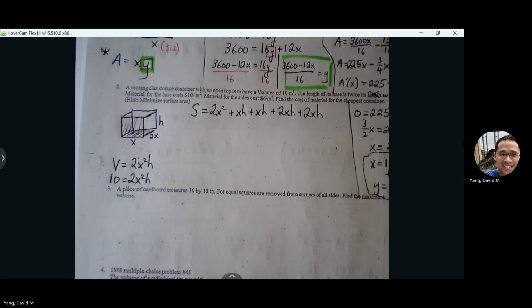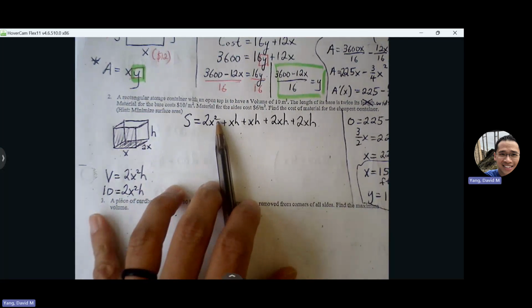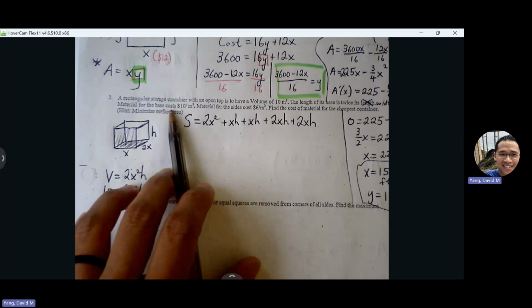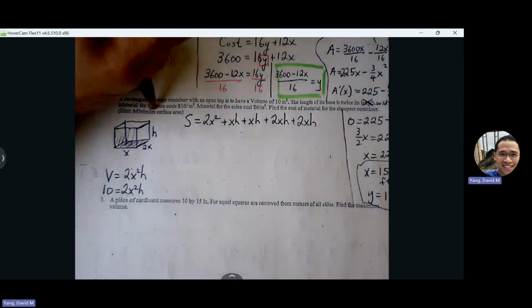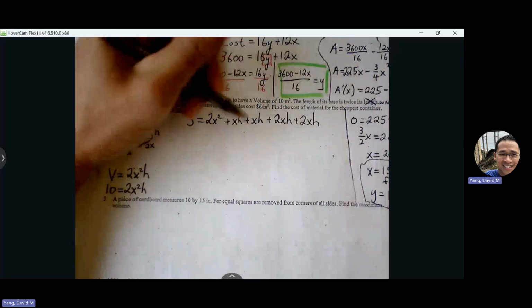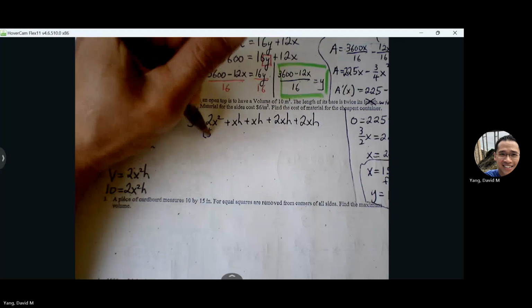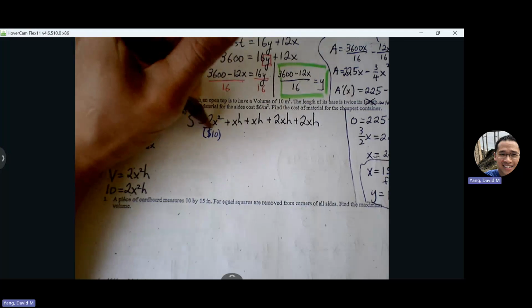Okay. Are we good so far? All right. Now, there is cost associated with each of the surfaces. The most expensive is the base. The base is going to be the most expensive material, so we're going to have to work the $10 into the base.